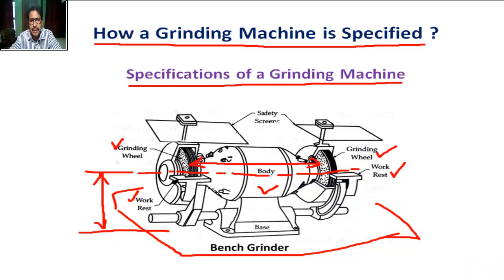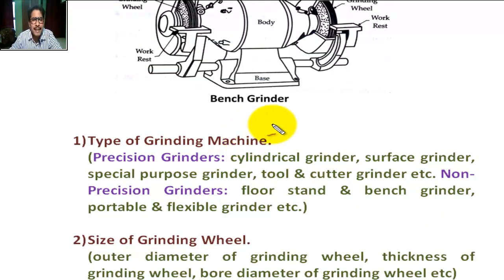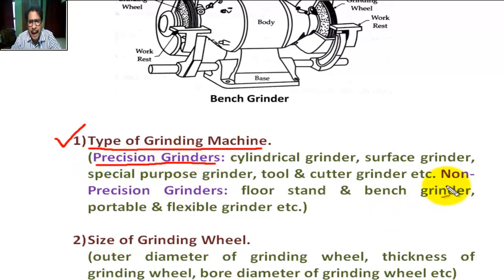Okay. Now, what is the specification of a grinding machine? Number one, type of grinding machine. We know there are two types, precision grinders and non-precision grinders.